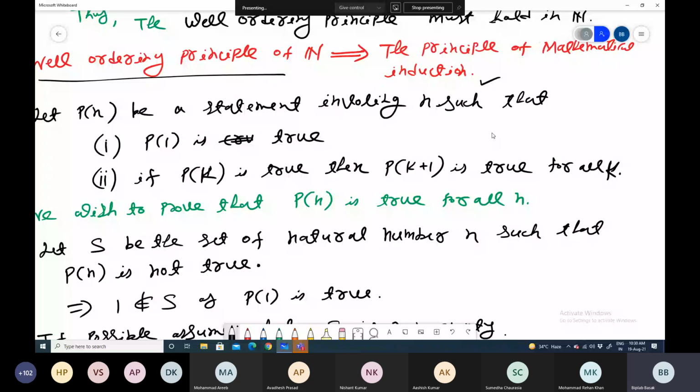In that case, we are not assuming that P1 is true. We check P1 is true, and then we also check this one. So when Pk is true, then we prove that Pk plus 1 is true. That's when we need to prove this, and then only we can say that Pn is true for all n. Did you get the point? But here we are proving mathematical induction. Therefore, we have to assume this, and then only we can prove this.